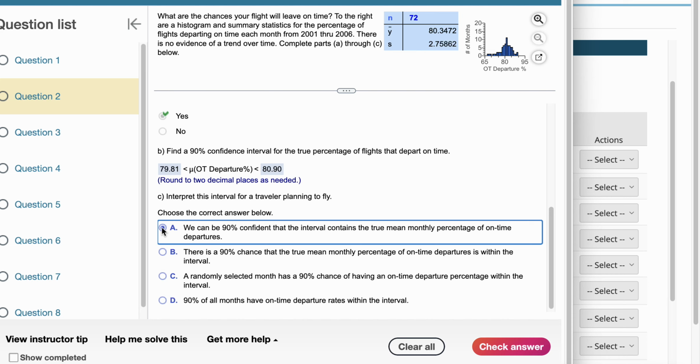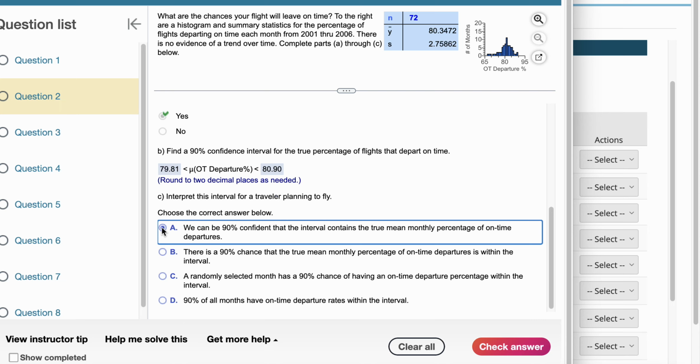If this was part of an assignment and you had to write your own conclusion, I think that's a little vague. I would say we can definitely start it off with, we are 90% confident that somewhere between 79.81 and 80.90 is the true mean monthly percentage of plane departures that are on time.